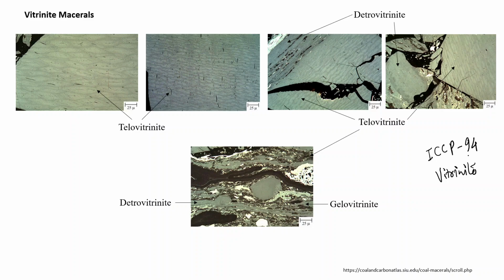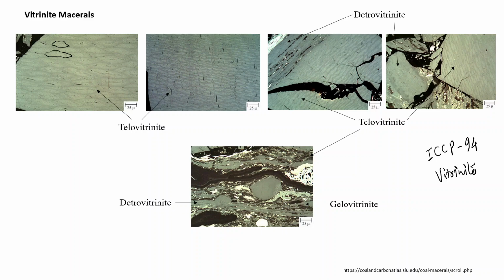If you see here carefully, I'm sure you are able to see these cell structures. These are called cell lumens. Similarly, over here, the very fine details of the cell structure are preserved. This is called telovitrinite.